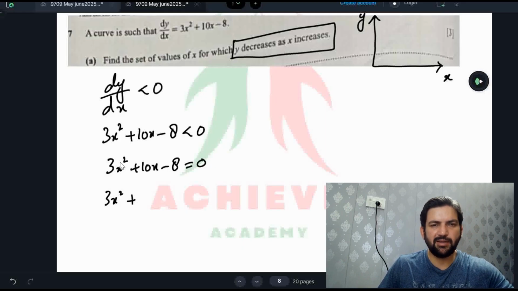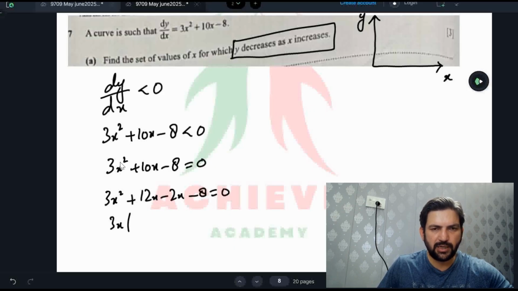So we can write it as 3x square plus 12x minus 2x minus 8 is equal to 0. So we can take 3x as common, so x plus 4, minus 2 as common, so x plus 4. So overall we will have x plus 4 into 3x minus 2.